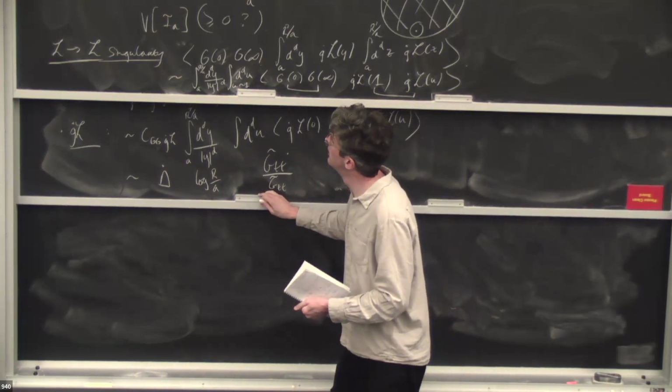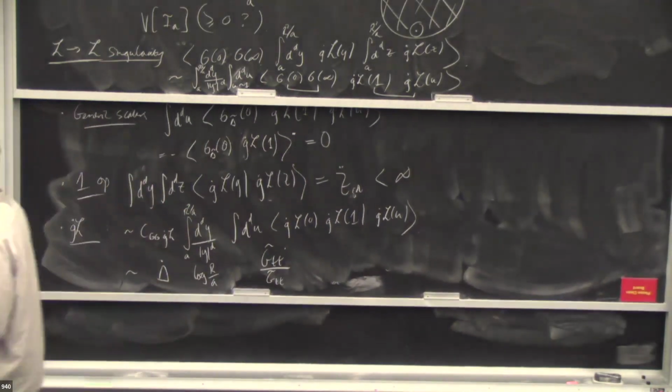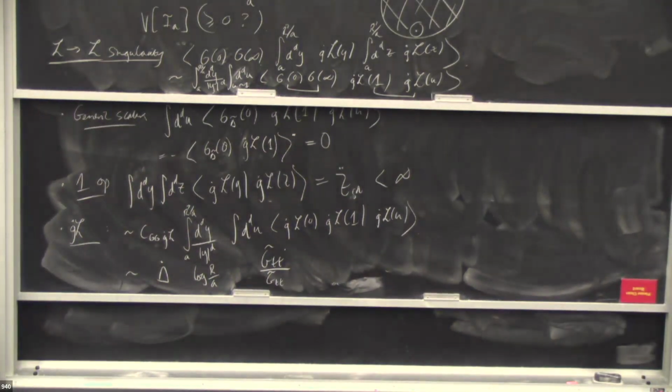Over here. But now, as I said, along a geodesic, in 1D that just means taking t to be the affine coordinate.